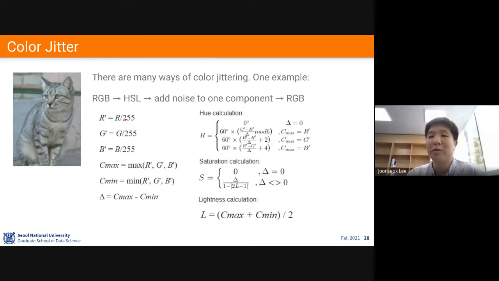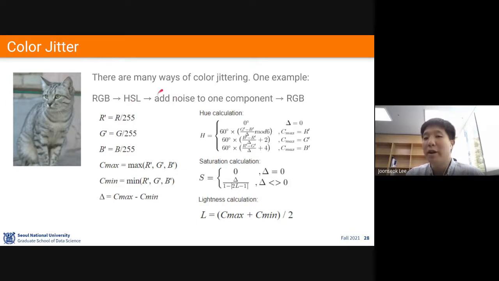Just following these formulas, you can convert any color to HSL. Given the RGB, you compute these things, and hue, saturation, and lightness are computed using these formulas. You can just code that in your program, and then you will have the HSL code for any given pixel.